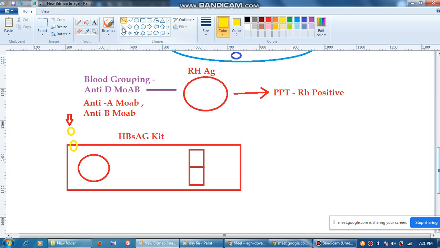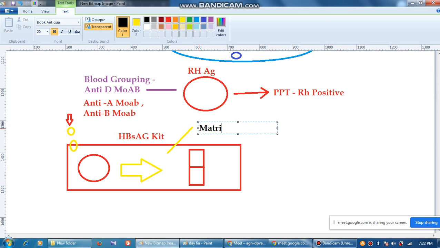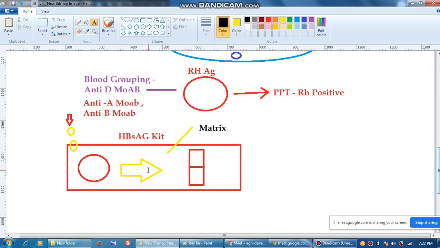There will be a diffusion, because here some channel characteristics will be there. On the surface there will be a particular kind of matrix, and due to the presence of the matrix there will be a diffusion of the serum, and the serum will start diffusing towards the reaction well.